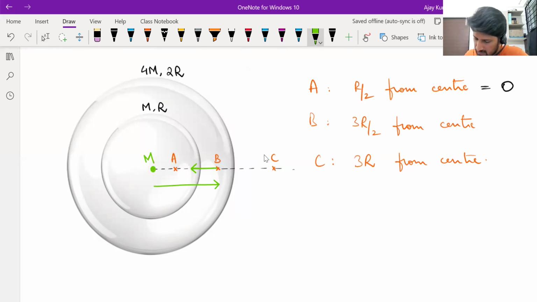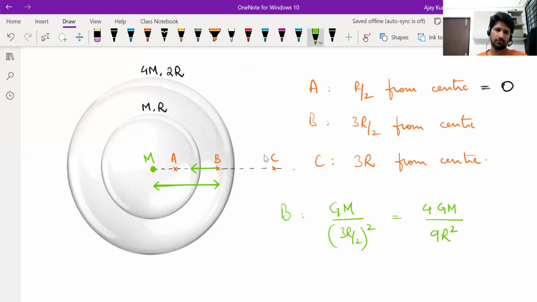It's at a distance 3r by 2. Therefore, the field produced at B by the inner sphere will be GM by (3r by 2) squared, and that becomes 4GM by 9r square. Only the inner sphere will produce a field at B. The outer sphere does not produce any field. So this itself will be the net field at B. Simple.